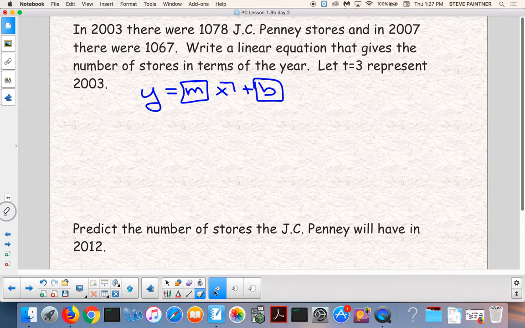Okay, you've read it, I think, right? Okay, here we go again. You gotta know slope, you gotta know y-intercept.